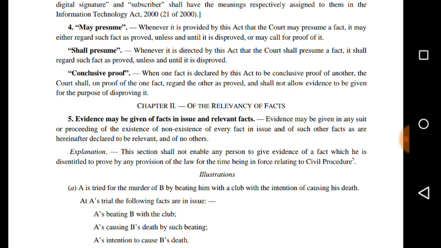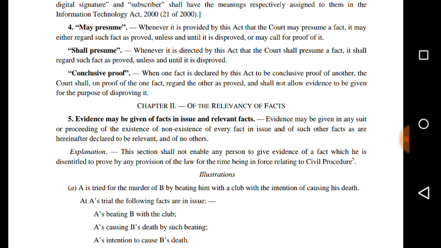May presume. Whenever it is provided by this Act that the court may presume a fact, it may either regard such fact as proved unless and until it is disproved, or may call for proof of it. There are differences between may presume and shall presume.